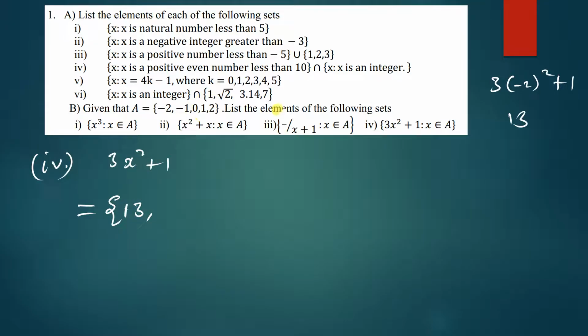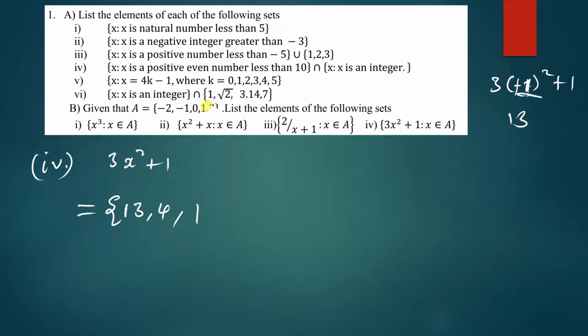We put negative 1 there. So when you put negative 1, you have 1 times 3, 3 plus 1, 4. We put 0 there, you have 1. You put positive 1, you have 4.